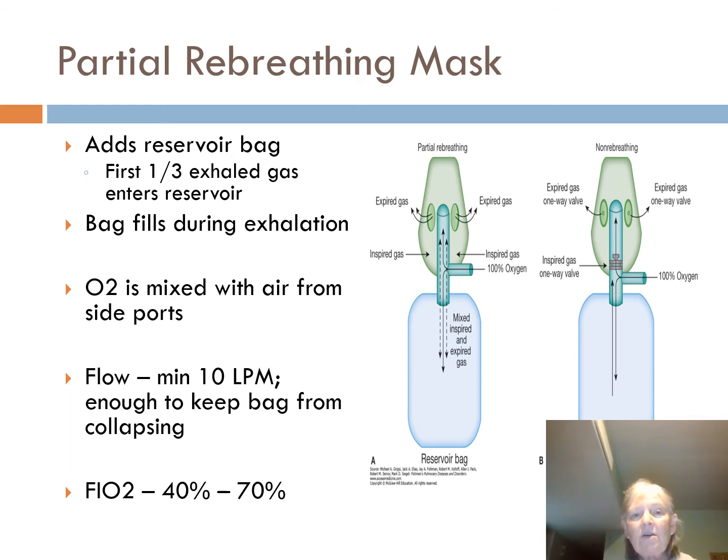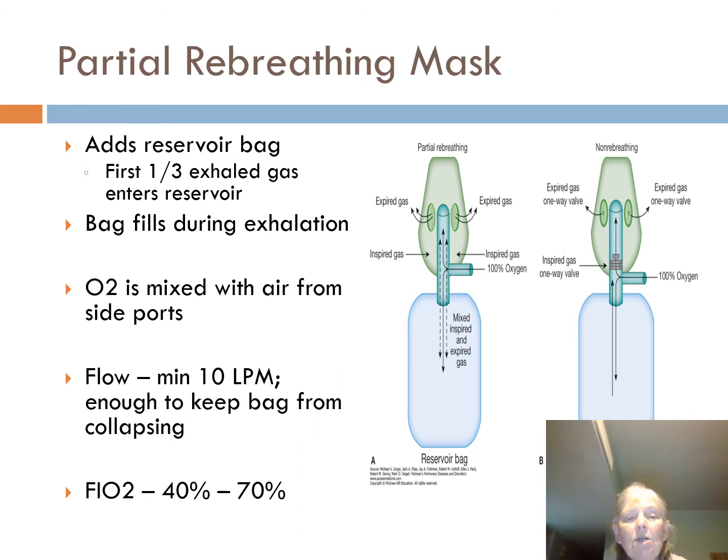Now, the bag is going to fill during exhalation, and what you need to make sure is that this bag stays at least 1/2 to 2/3 full at inspiration, okay? You want to see the bag go down a little bit, but you don't want to see it go down a tremendous amount, because then your patient's not getting the oxygen that they actually do need.